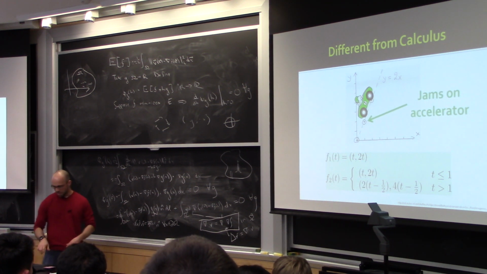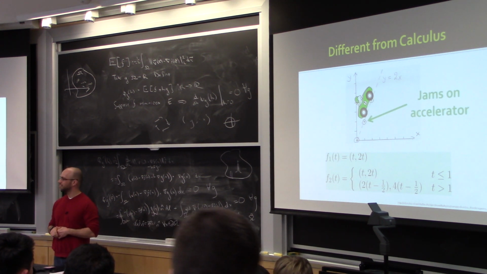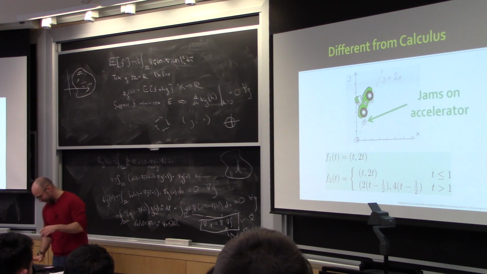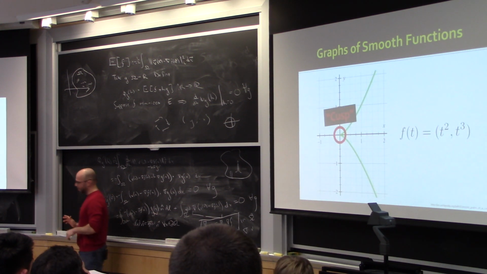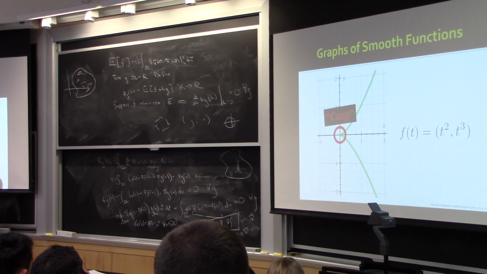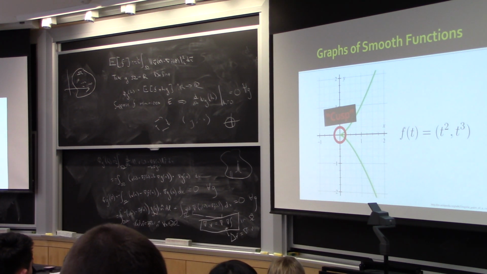There's a whole zoo of examples in differential geometry. People love to cook up really bizarre counterexamples that look innocent, but then you plot them and bad things happen. Another famous one is the t squared, t cubed curve, which is differentiable as a function in time. But what happens? The car drives up to this point, stops for a second, turns its steering wheel, and then keeps moving.